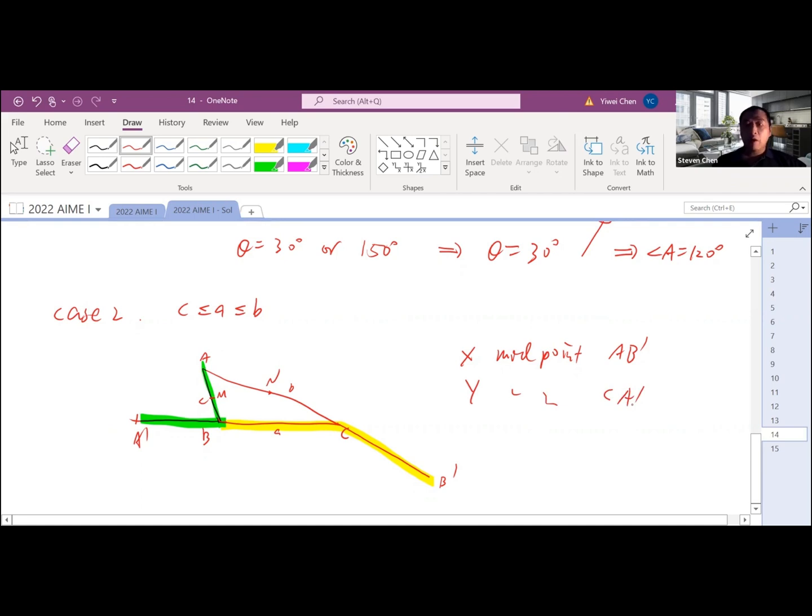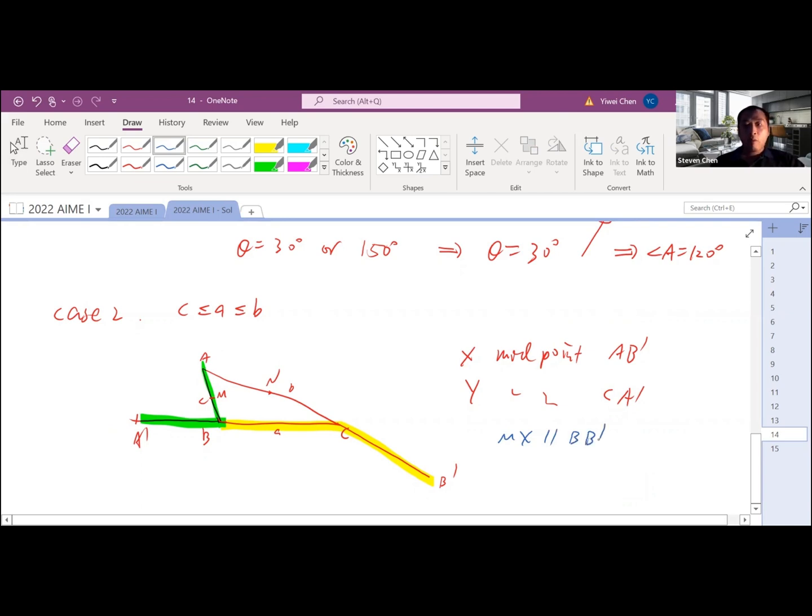Okay. All right. So next, let's try to find out the parallel property. So first, let's look at triangle ABB prime. For triangle ABB prime, because M and X are the midpoints of AB and AB prime respectively, that tells us that MX is parallel to BB prime.